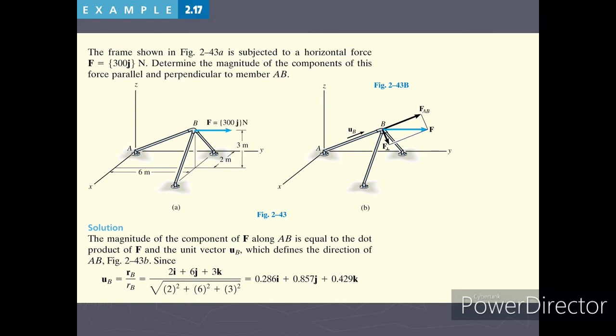For AB, we just assign a unit vector UB, which indicates the direction of B. So here, if I like, I can say UB, which will be the position vector of B over its magnitude, isn't it? But the first thing we do is to determine the coordinate of point B. What is the coordinate of point B? I think I just did it, right? What is the coordinate of point B? 2, 6, 3.